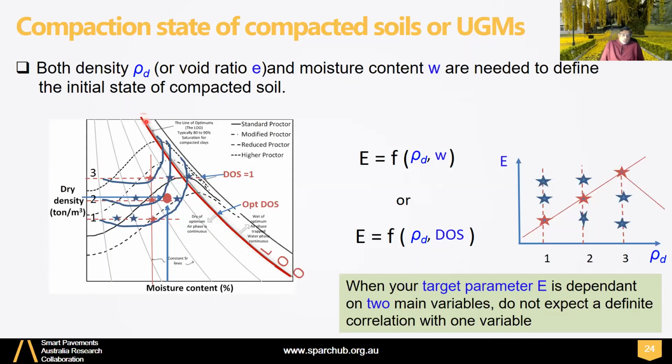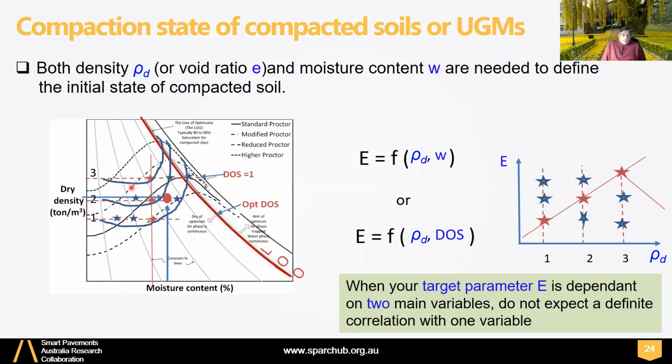I have also drawn the line of optimums, and these are likely contours of constant modulus values. I would think they all will have a similar trend for all modulus measurements. Of course, soil is variable, so you can get some differences, but generally speaking, this is the likely pattern.